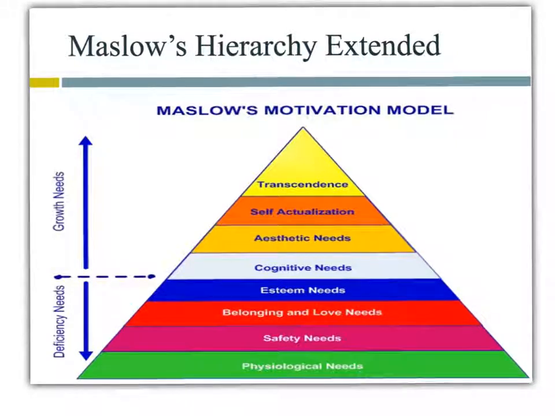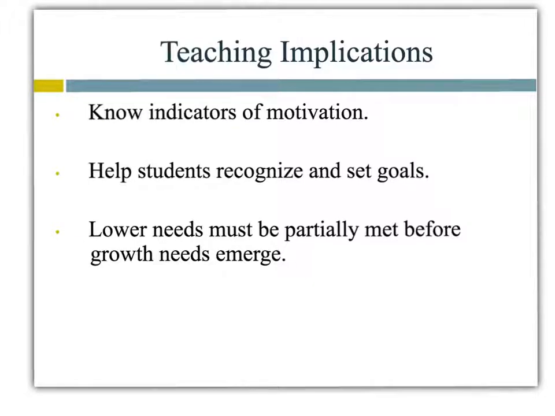So now let's finish with the teaching implications from today's lecture on the intro to motivation and basic needs. First, know indicators of motivation. If you can see these indicators in your students, you can capitalize on them and increase motivation and achievement.